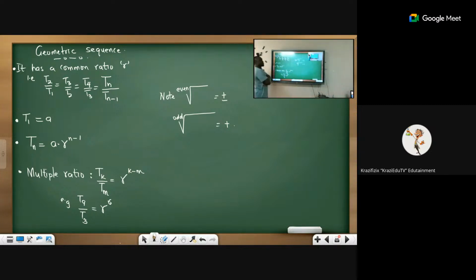Please note the difference between ratio and what? Difference. I've got a t-shirt where I wrote: the difference between arithmetic and geometric is ratio.